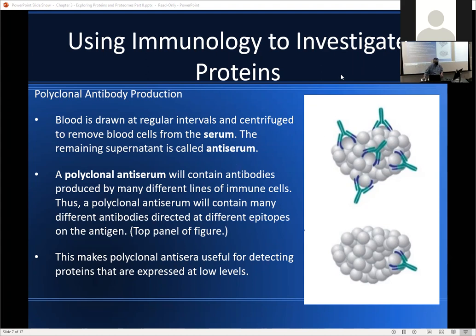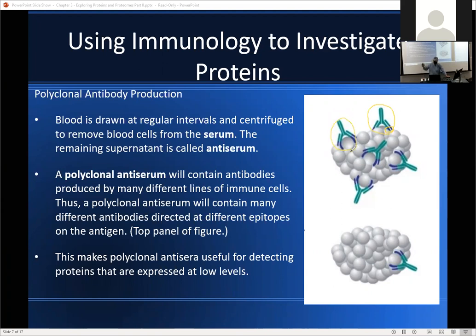Okay, so let's look at the figure here. So remember the parts of the antibody, so the ends of the Y here, these are called paratopes. They're the sticky part of the antibody. And the part of the protein that's recognized by a particular paratope is called an epitope. So each of these antibodies comes from a different B cell line.